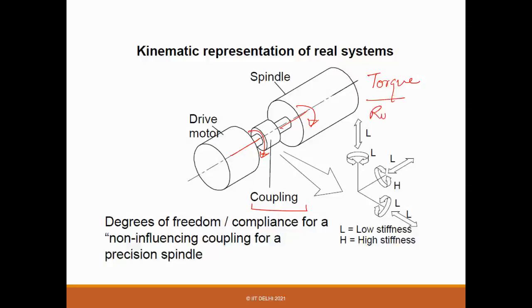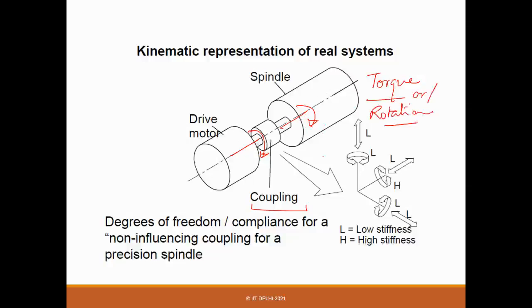In some cases you just want to move by a certain angular displacement and follow that. In some cases you have a motor and you want to drive the load. This is the requirement, right?